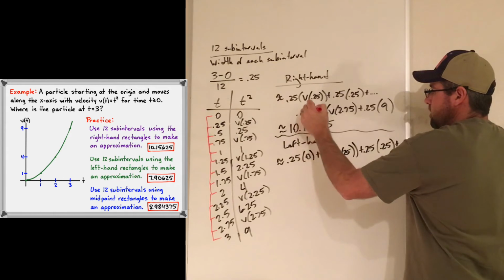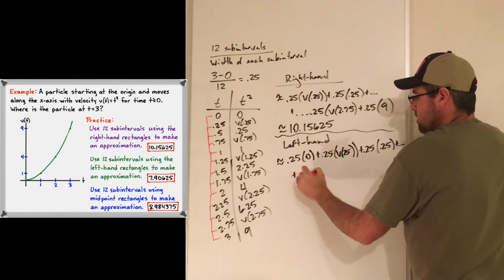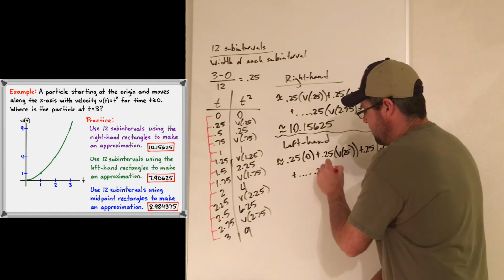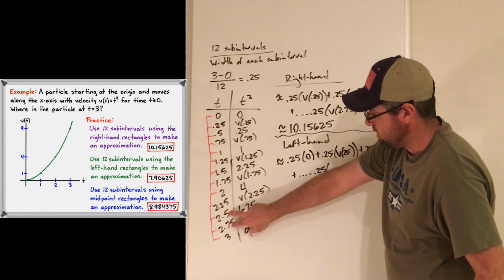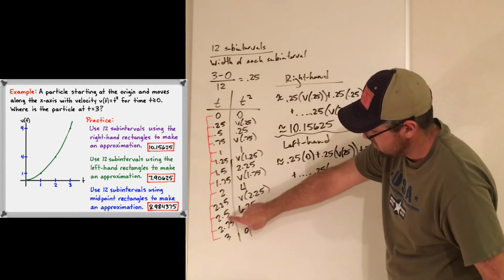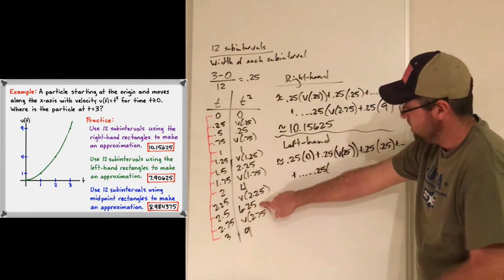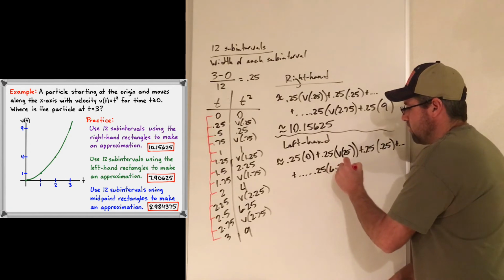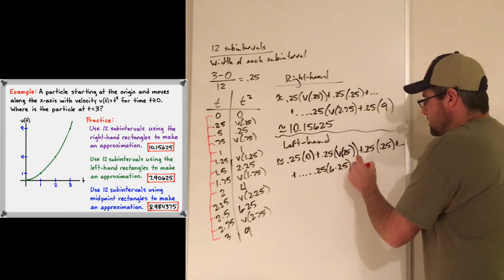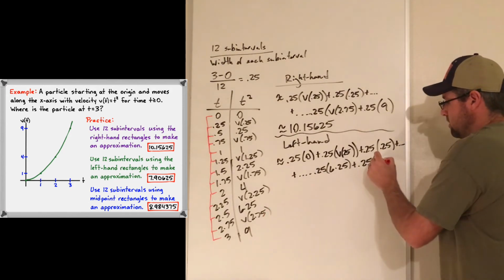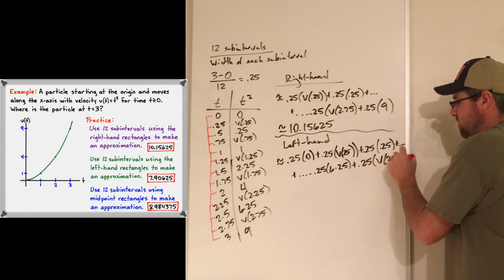And then we'll use the last one. So the width is 0.25. And then the left-hand value is going to be using between 2.5 and 2.75. We're going to use a 2.5. So times 6.25. And then plus 0.25 times the one on the left would be V of 2.75.